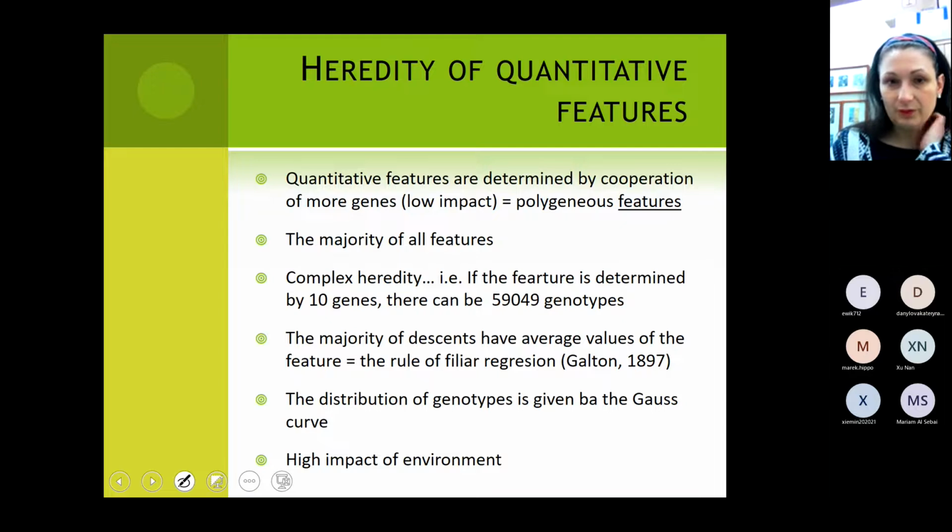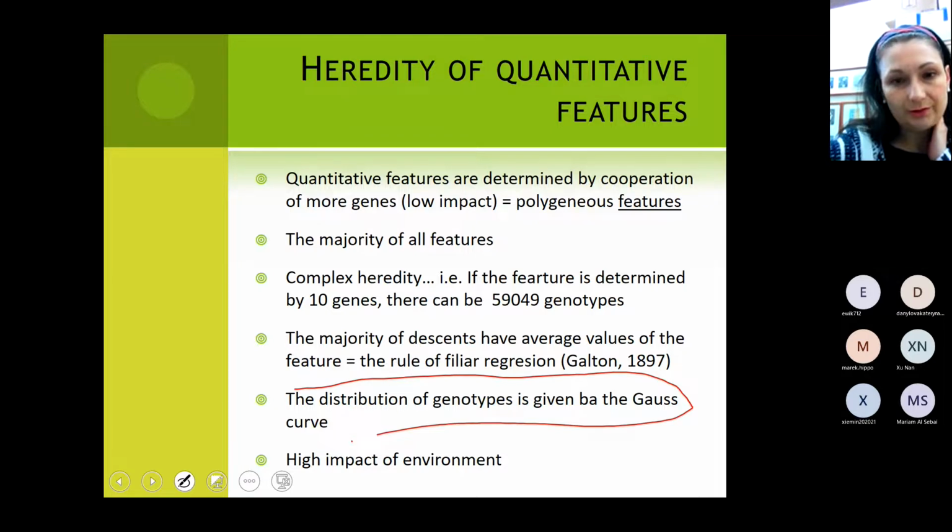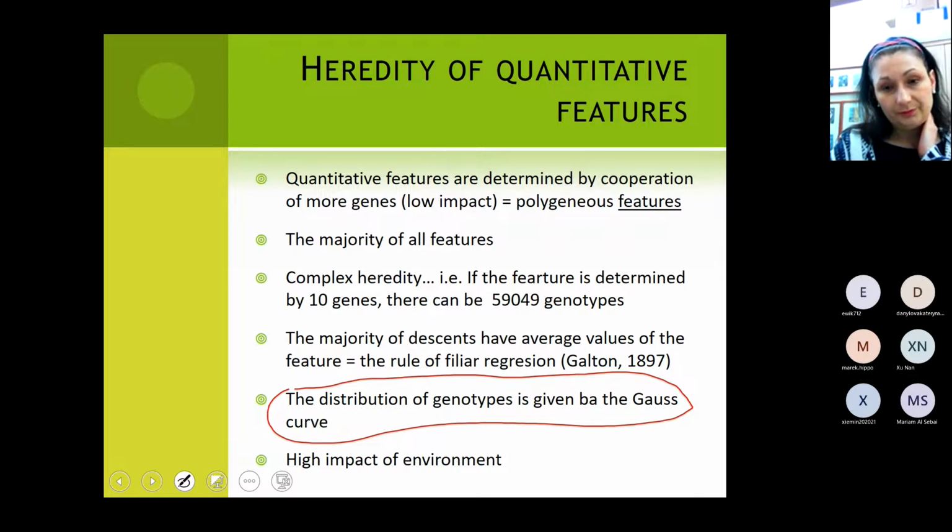Okay, what about the quantity? It's something which can be measured, and just remember that the distribution of the genotype is given by the Gaussian curve, and there is also a very high effect of the environment.